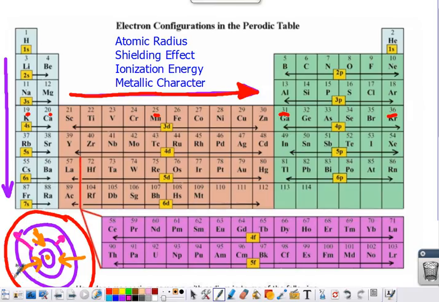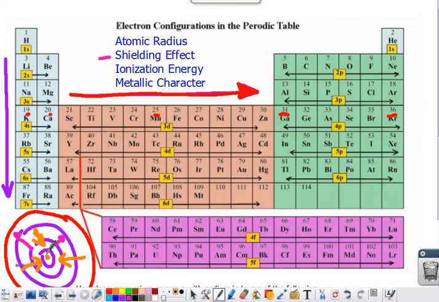And therefore, while the nucleus is pulling in, the electrons are pushing out. We call that shielding. They're shielding each other. As we add energy levels, we add more and more layers of shielding. So the seventh level is shielded by the first 6 levels. So if you had an element like barium, which has 1s2, 2s2, 2p6, 3s2, 3p6, 4s2, 6s2, it's got all of those layers of electrons shielding the nucleus from the outside.